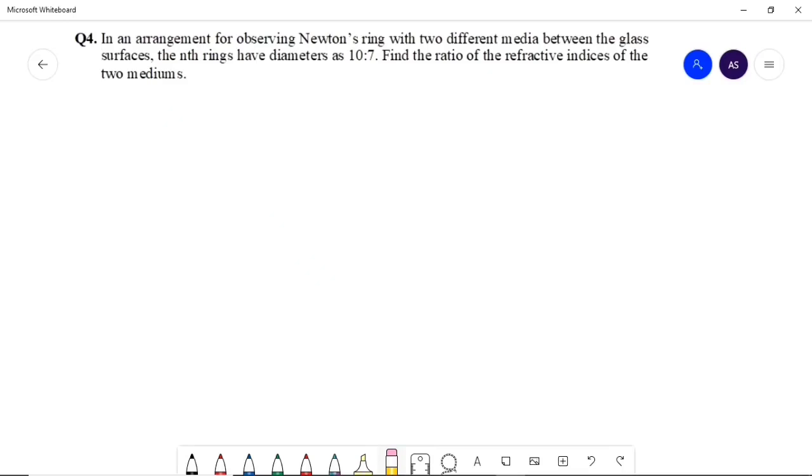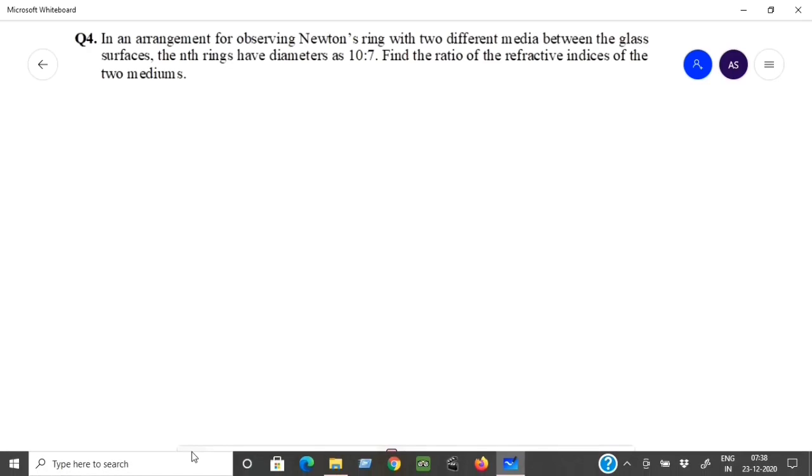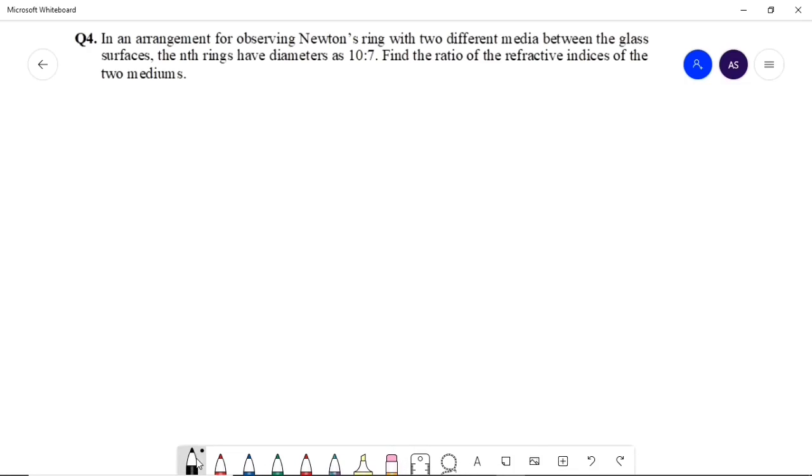Question number 4. Given two media with diameter ratio 10:7, find the ratio of refractive index.